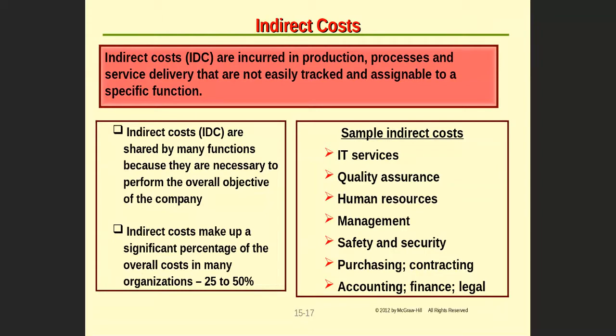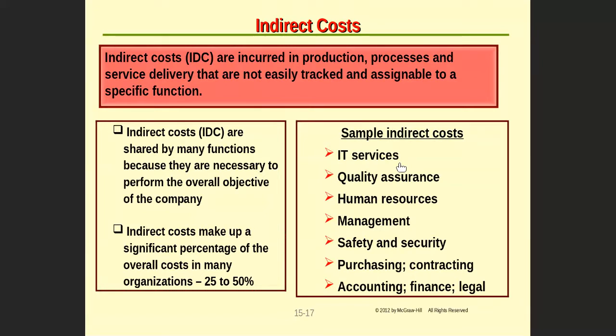The indirect methods are carried out when the production or a process in the service delivery is not easily tracked or assignable to a specific function, like human resources, management, quality assurance, or IT services. These are examples where indirect cost can appear.